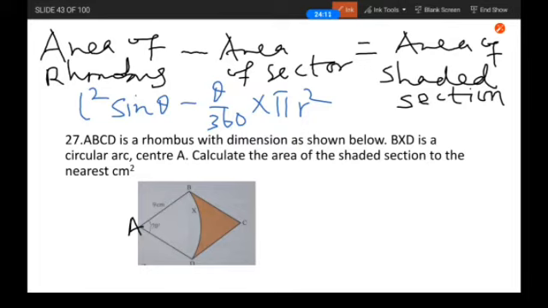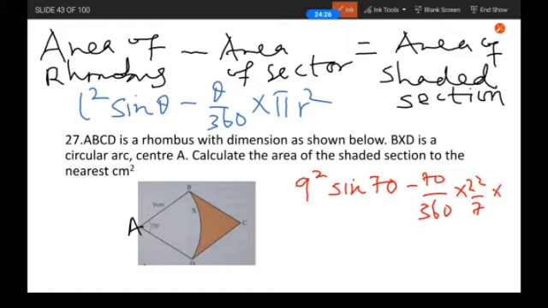Now L is 9, so we have 9 squared sine 70, is that okay? Minus 70 over 360 times 22 over 7, then times 9 squared. What is 9 squared going to be? That is 81, right? Times sine 70 is 0.9394.